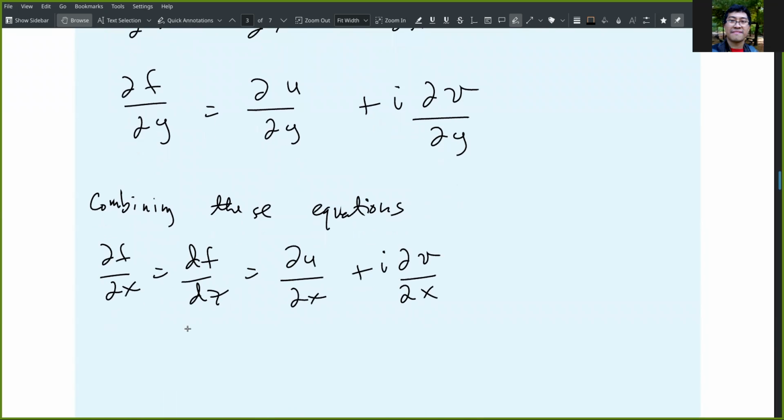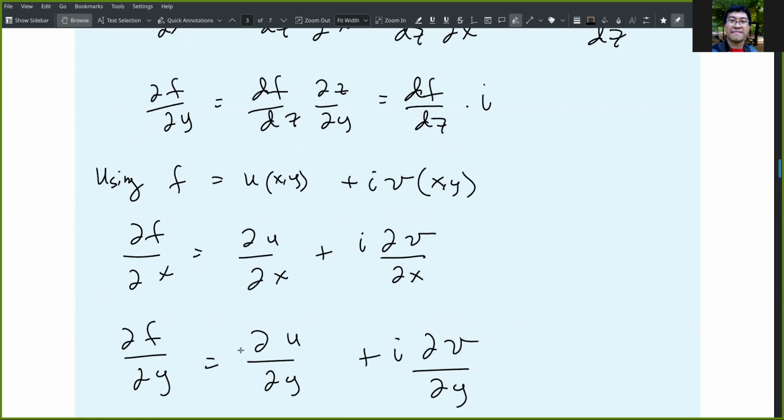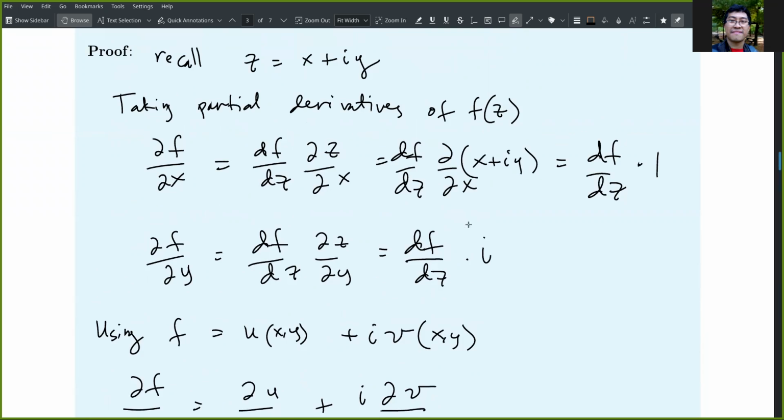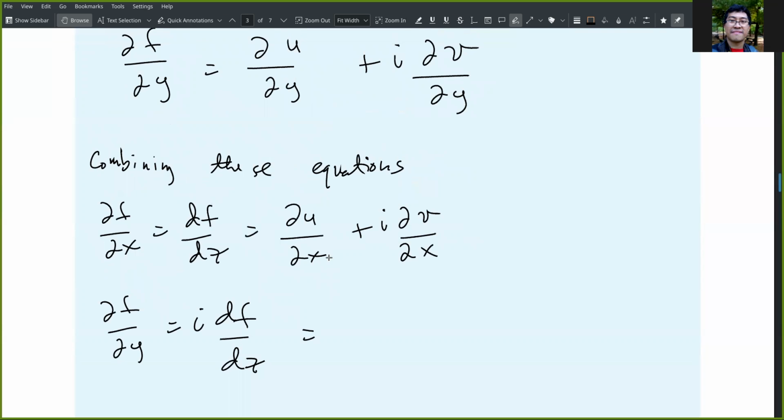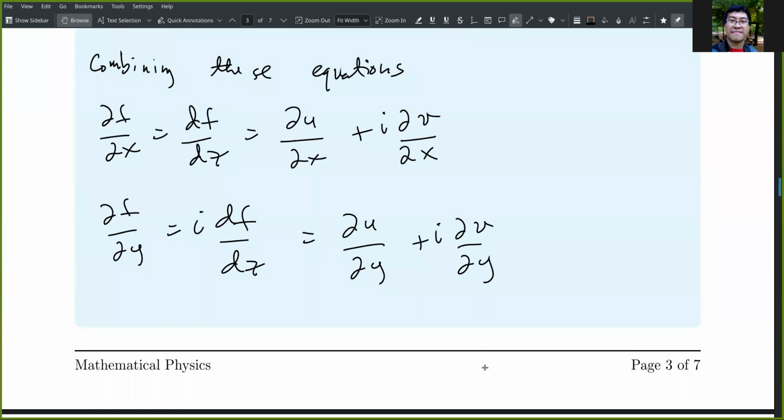The second one, the partial of f with respect to y, gives i df by dz equals partial u with respect to y plus i partial v with respect to y.